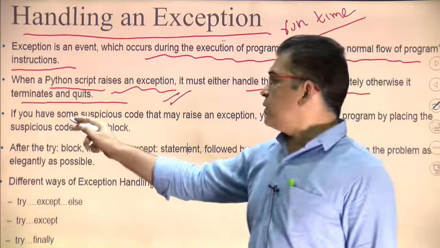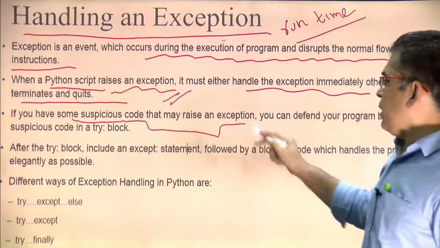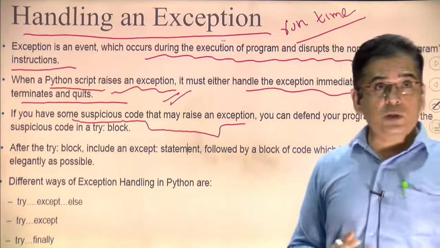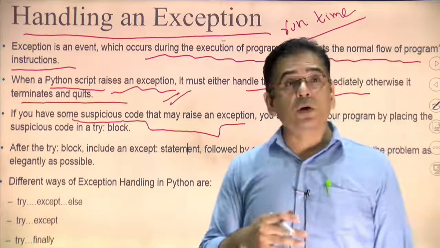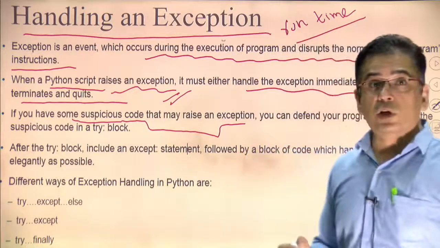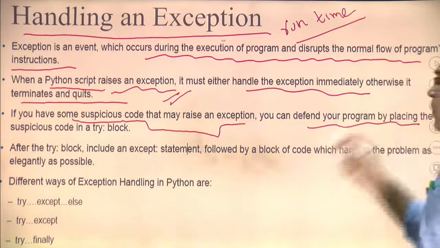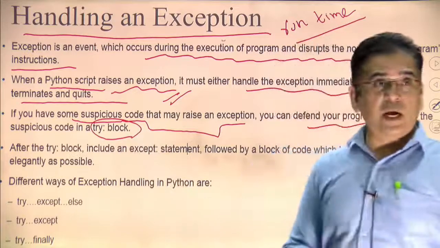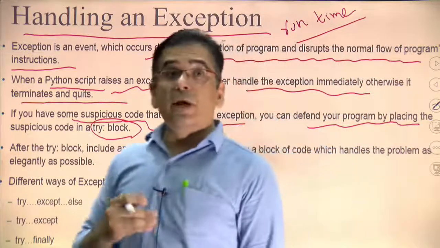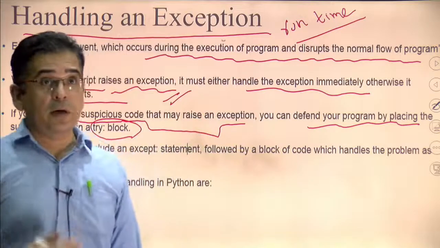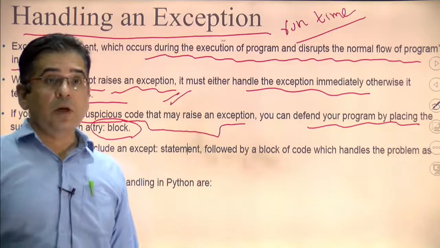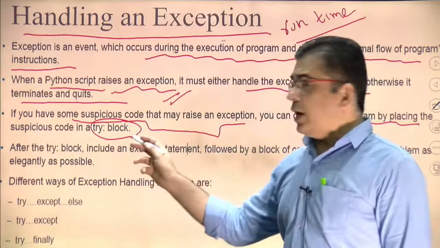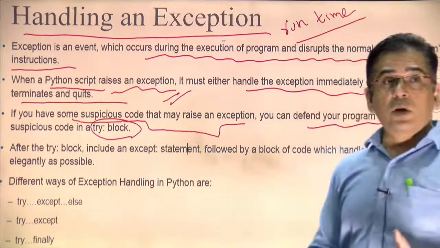If you have some suspicious code that may raise an exception, meaning you think there is some code which may cause an exception in future, you can defend your program by placing that code in a try block. As I already told you in the previous slide, if you think there is a chance of a runtime error or an exception, then while writing the program, you write that code in a try block.